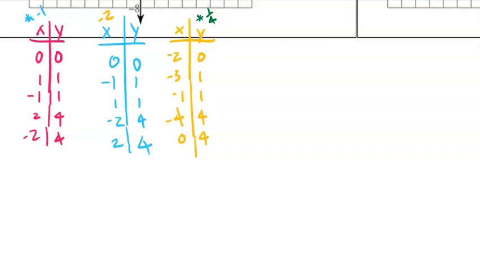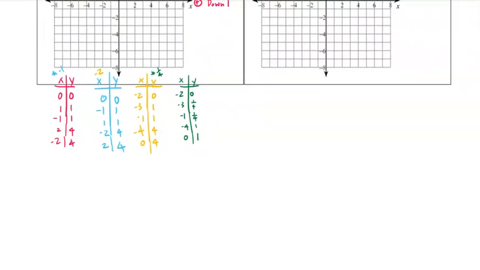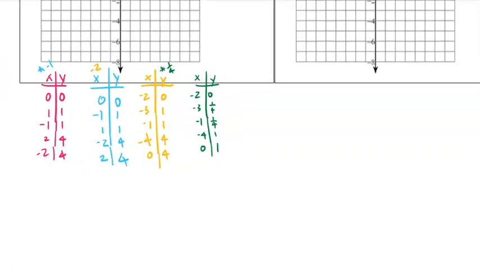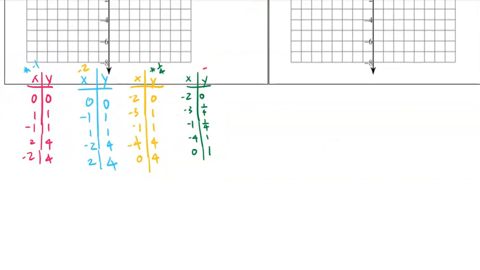So x, y: negative 2, 0, negative 3, 1/4, negative 1, 1/4, negative 4, and that's going to be a 1, and a 0, and that is going to be a 1. And some of you guys could do it all on the graph, and that's fine. That is perfectly fine. And then down 1, so minus 1.